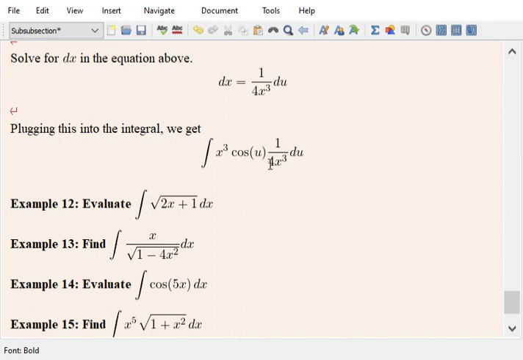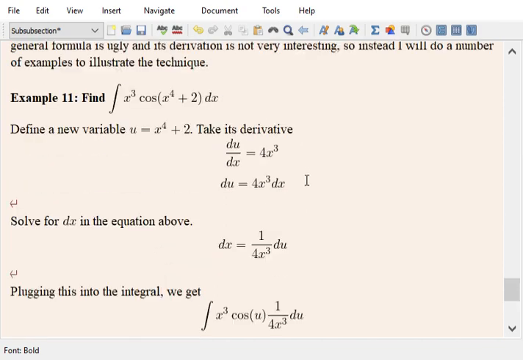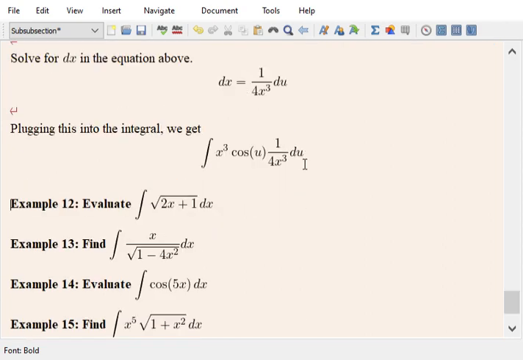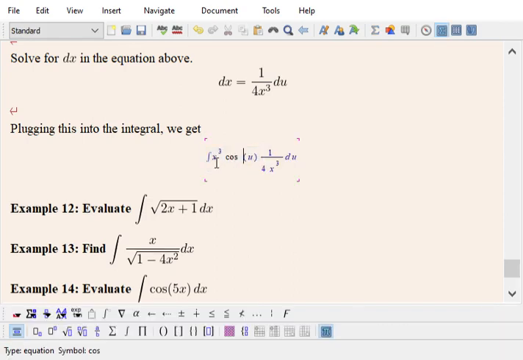As it is, though, this doesn't make any sense. I mean, the variable over here in the d term, that's the variable that we are anti-differentiating with respect to. So now that we have a du over here, we want to anti-differentiate this thing with respect to u. But the problem is this guy isn't a function of u.